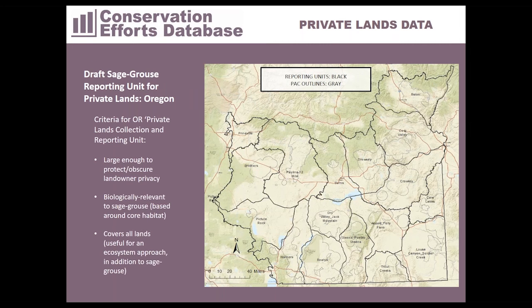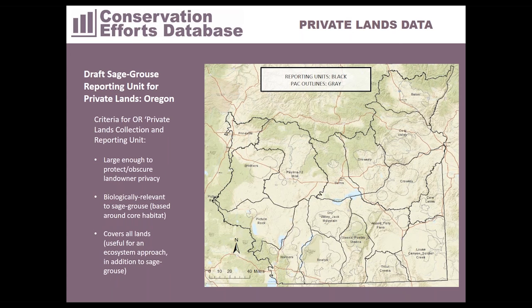In the state of Oregon, which is what you're seeing here, we have some reporting units for private lands data collection. These coincide with the Bureau of Land Management's habitat assessment framework. You may have heard of them as fine scale HAF polygons.